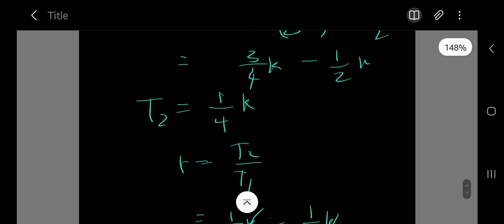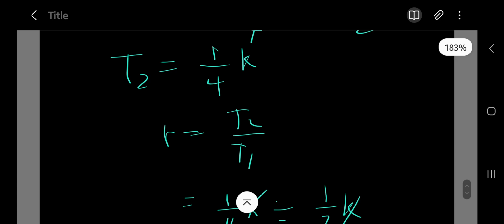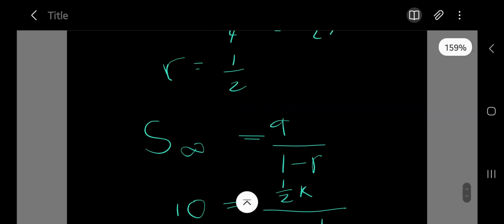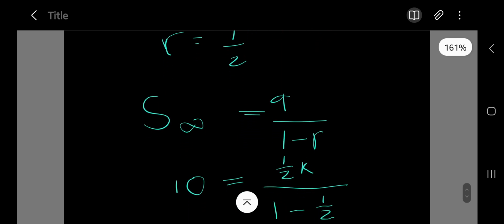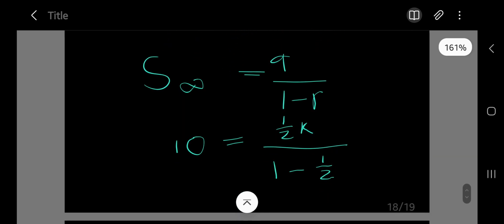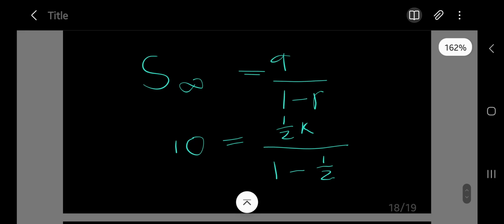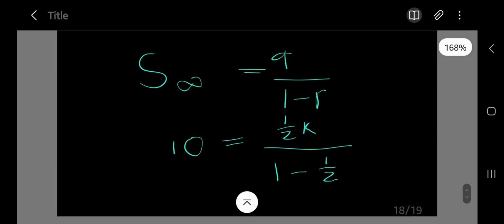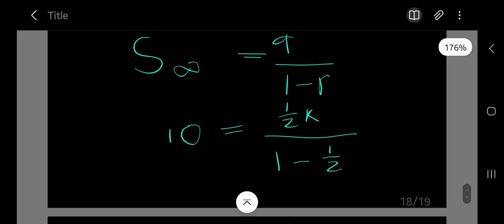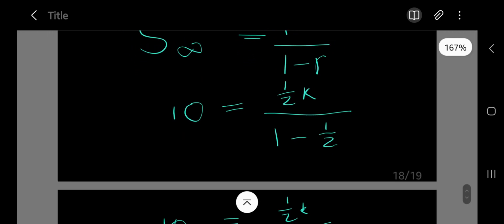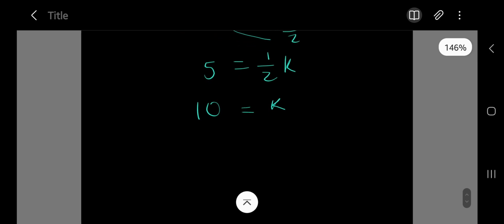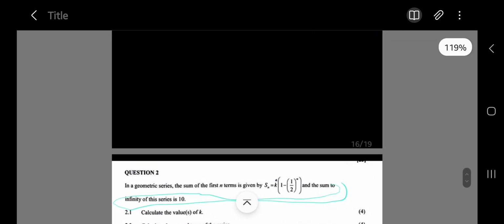And now that we've been told that it's a geometric series, we understand that it has a common ratio. And then we found the ratio as 1 over 2. Now that we have our ratio, they've also given us another piece of information telling us that the sum to infinity of this geometric series is 10. So we used that and found the value of k. So now that we found the value of k, let's go to the next question.